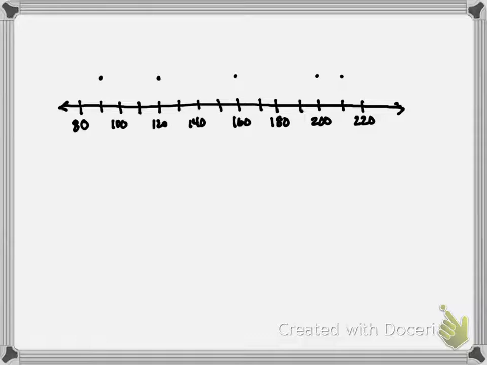We've got the minimum here on the left. On the right we have the maximum. In the middle of the remaining 3 points, this is your median. And then we have quartile 1 between the minimum and the median. And we have quartile 3 between the median and the max.